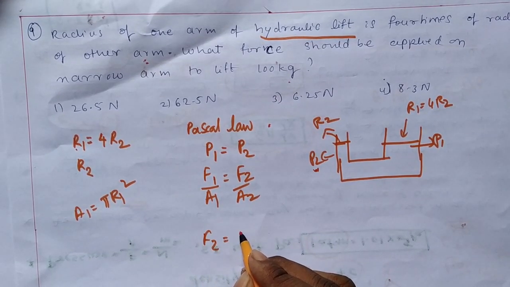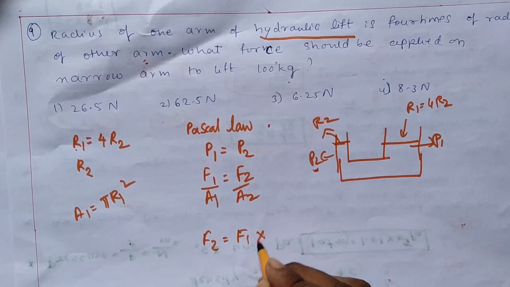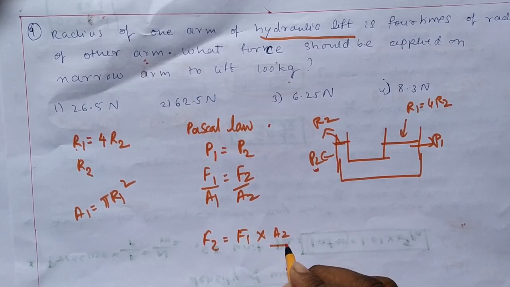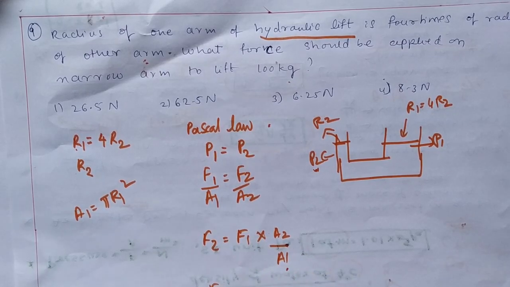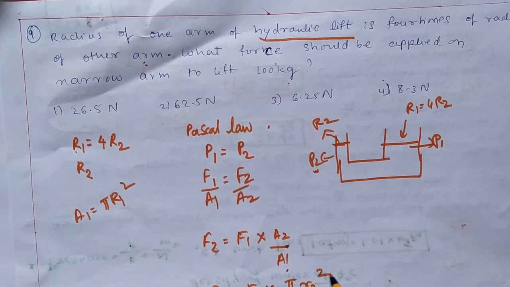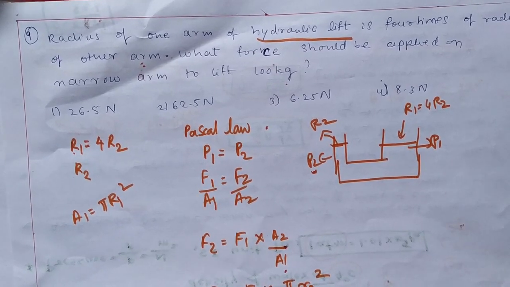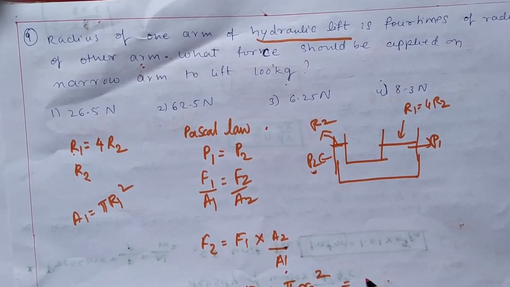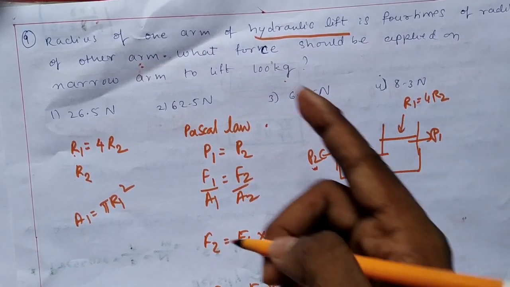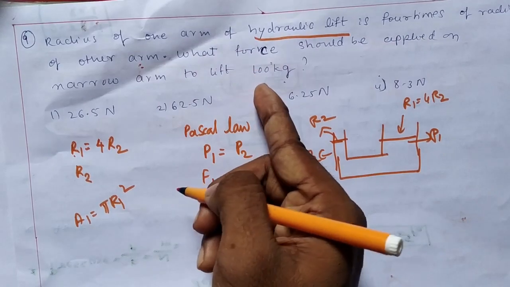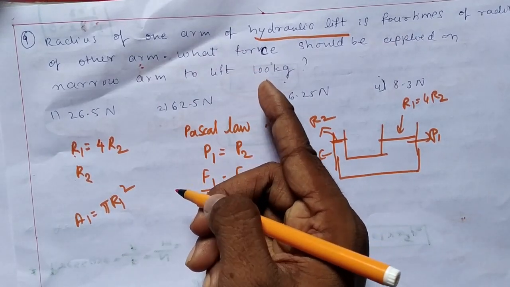F2 is equal to F1 into A2 by A1. F2 is equal to F1 into pi R2 square divided by pi R1 square. F1 you know that it is about force.